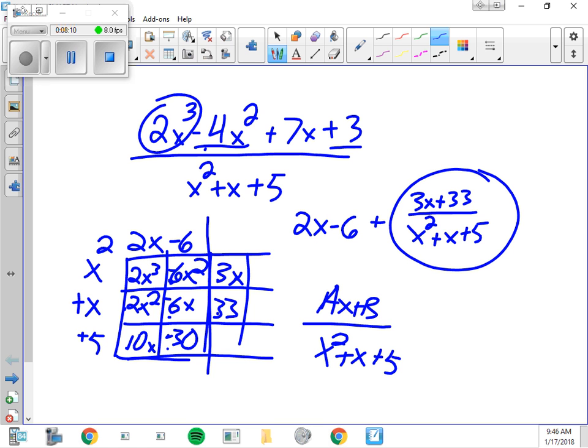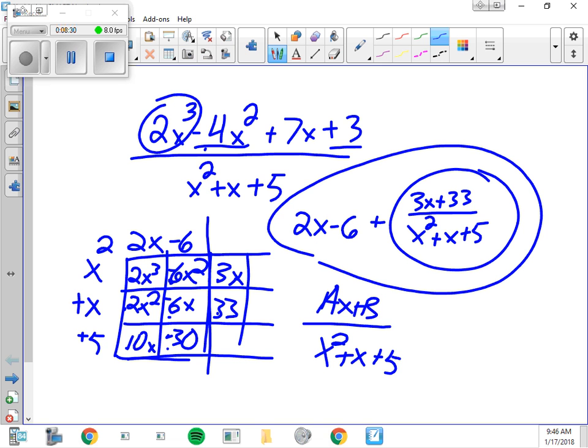But there is no other one, so what's a? 3. What's b? 33. So if you ever have a top-heavy fraction, you divide it, and then you end up with quotient and remainder, and then you decompose the remainder. So this is actually the decomposed fraction. So we're going to avoid those. Those are dumb. Okay? We won't do them.